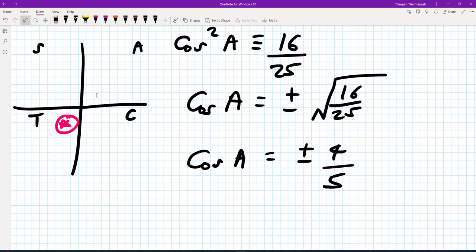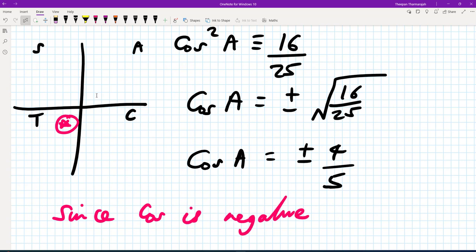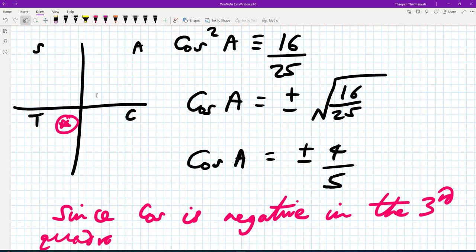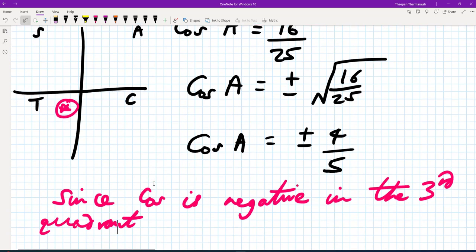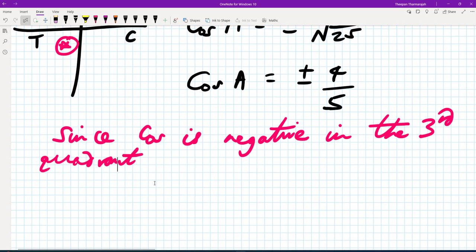And we can say, since cosine is negative in the third quadrant, we can conclude that cos A must be minus 4/5. So therefore, cos A is minus 4 over 5.